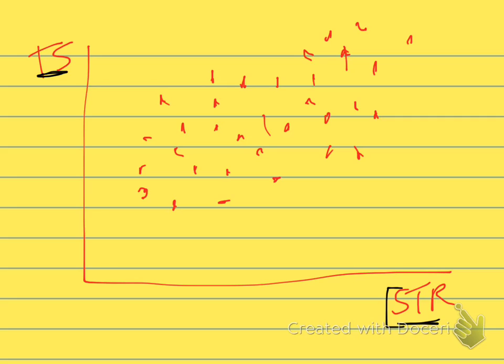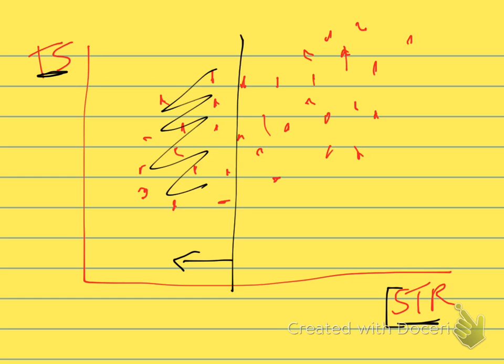Suppose we have test score and student-teacher ratio and observations for a variety of districts, as we note here. If we say, well, we're not going to consider observations for school districts that have student-teacher ratios less than some level, so we don't include these, our estimate for the remaining data will be an unbiased estimate of the slope for that level of STR and higher, so it will be unbiased for that.